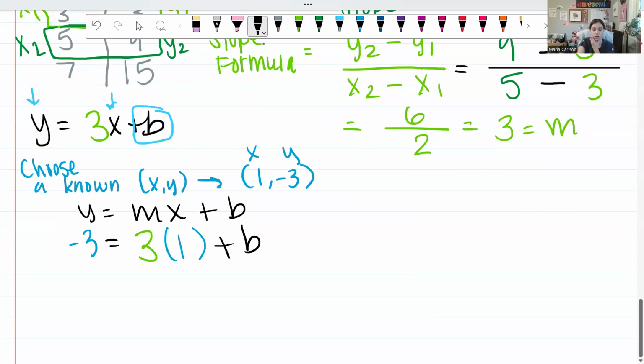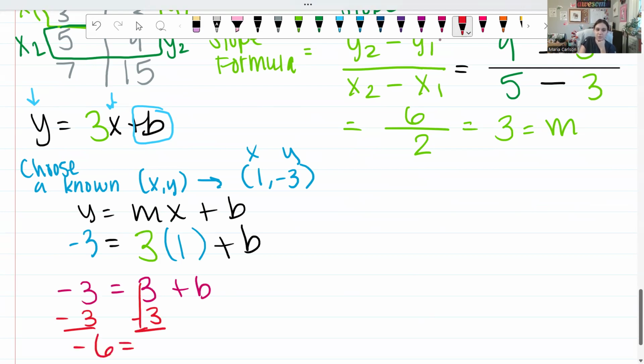Now I really just solve for b. 3 times 1 is 3. So we have -3 equals 3 plus b. And to get b completely by itself, I will subtract 3 from both sides. Now -3 minus 3 is -6. So we get our b value is -6.